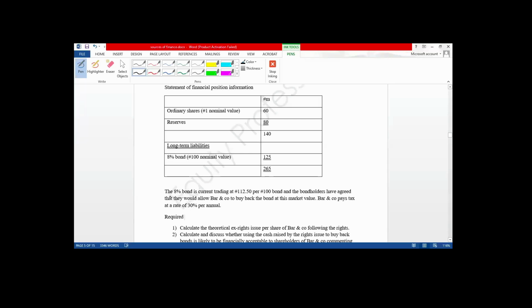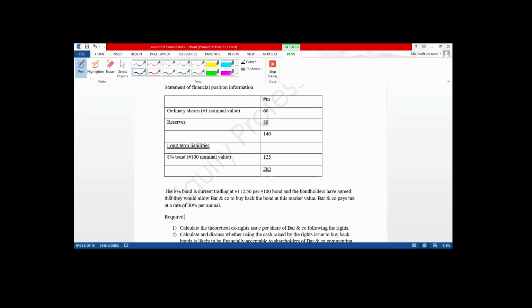Please look at this last paragraph. The 8% bond is currently trading at 112 naira 50 kobo per 100 naira bond. That means the current price per bond, one bond, is currently trading at a price of 112.5. The bondholders have agreed that they will allow the company to buy back the bond at the market price.